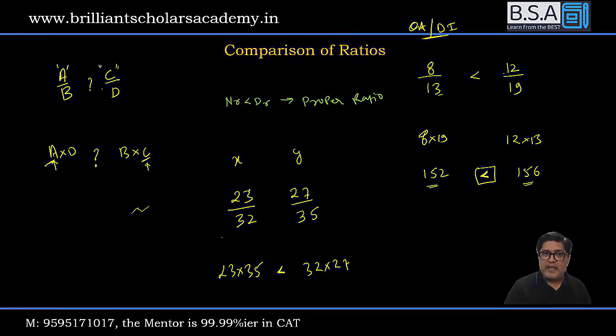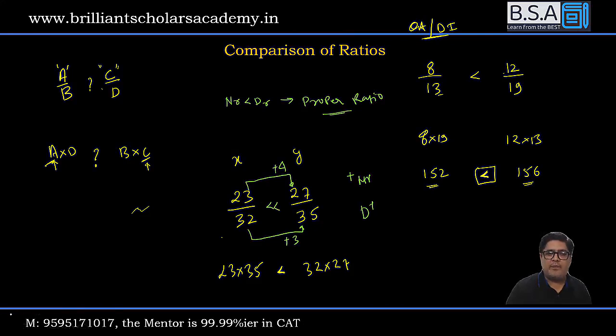In 23, I am adding 4 numbers. In 32, I am adding 3 numbers. Listen to the language. In a proper ratio, when you add more numbers to the numerator than denominator, the ratio will always increase.